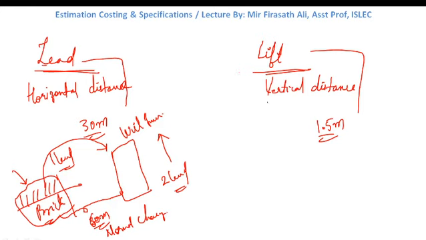Similarly, for vertical distance, if a person has to lift the material to a height of 1.5 meters, he takes it as one lift. If it is 3 meters, he takes it as 2 lift charges. So in this manner, lead and lift is very mandatory and has to be considered before giving an estimate or doing a rate analysis.